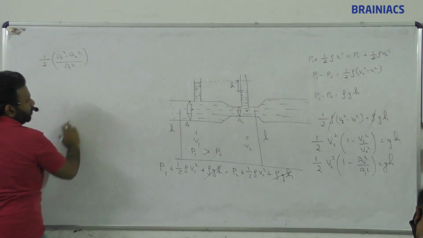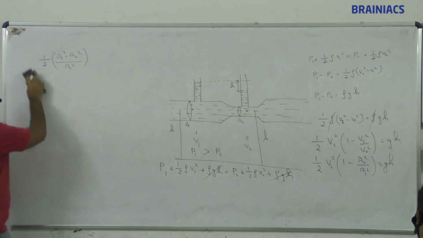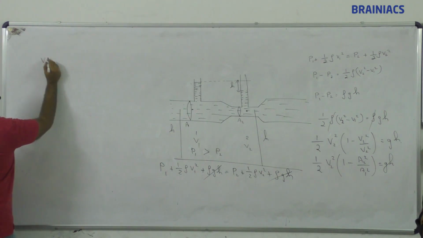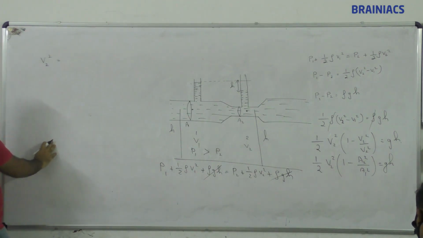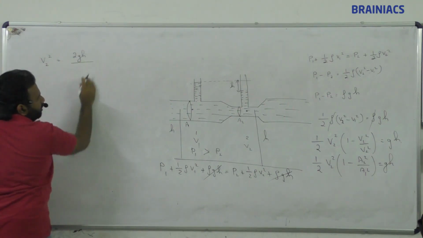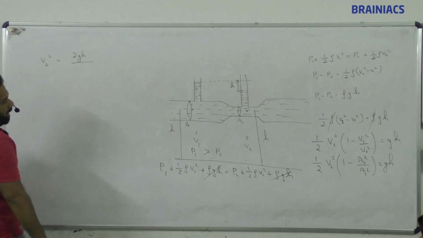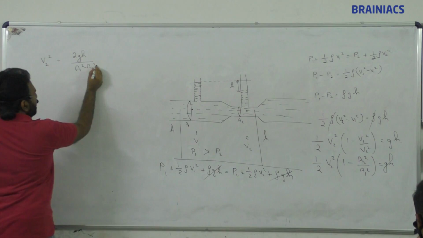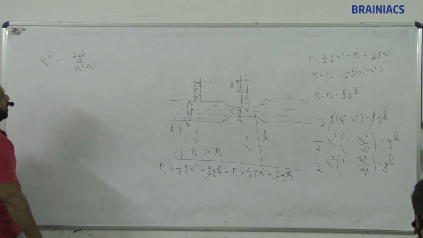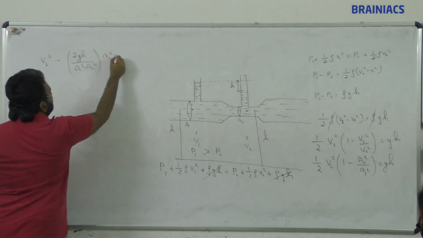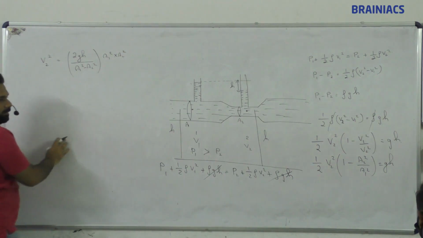Okay, suppose if I take v2 square is equal to 2gh divided by a1 square minus a2 square, and what also will be there? a1 square into a2 square also will be there.